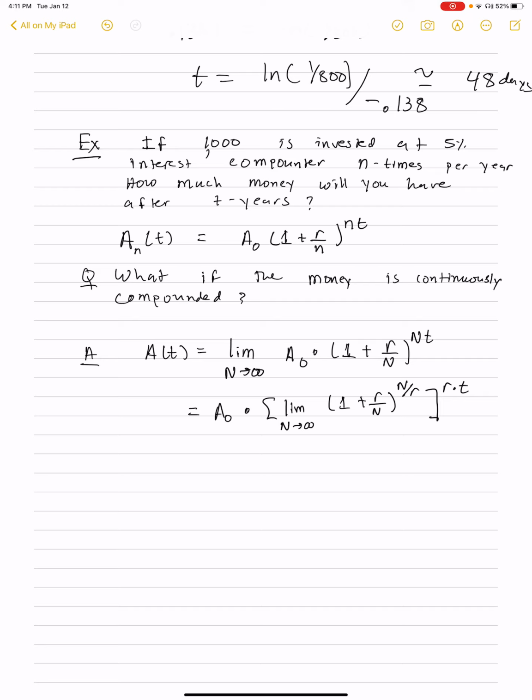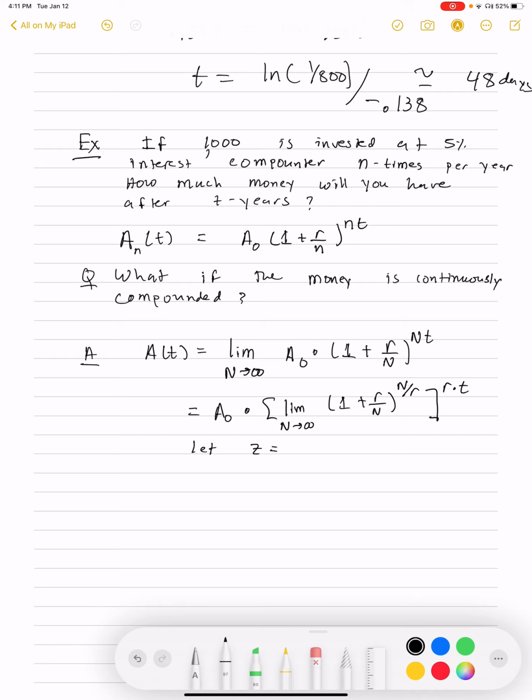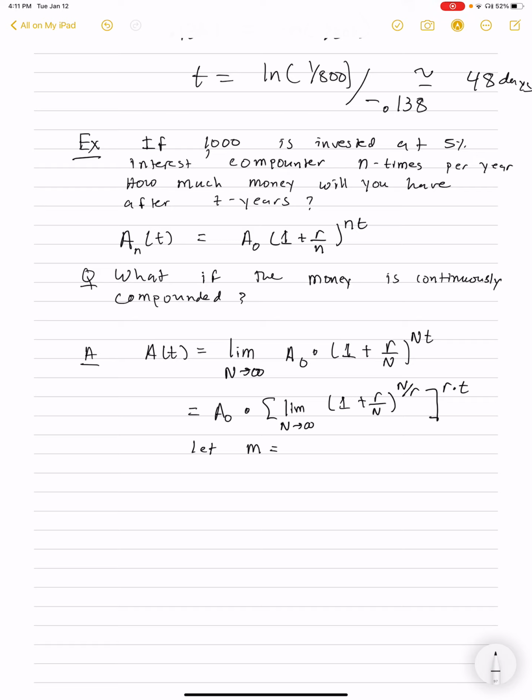Now, if I let m, my apologies, if I let m equal to n over r, then this equation is going to read as A0 times this limit as m goes to infinity, since r is greater than 0, n going to infinity means m goes to infinity.